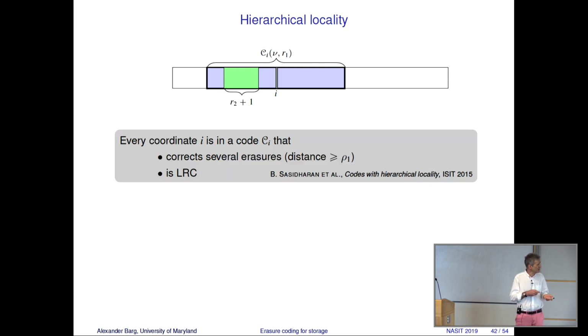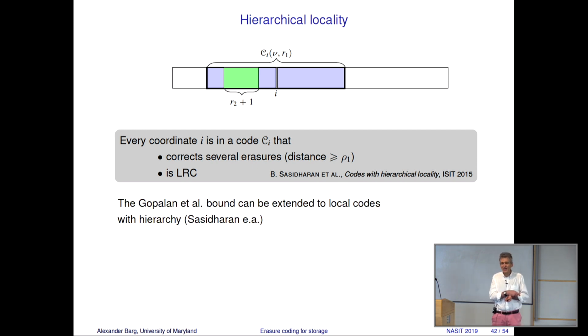So every coordinate in the code C_i, which corrects several erasures, so the distance of C_i is rho 1, but every coordinate is contained in a code that is LRC itself. And that is the definition by Birenjith Sasidharan and co-authors, again from Bangalore, a few years back, ISIT 2015.